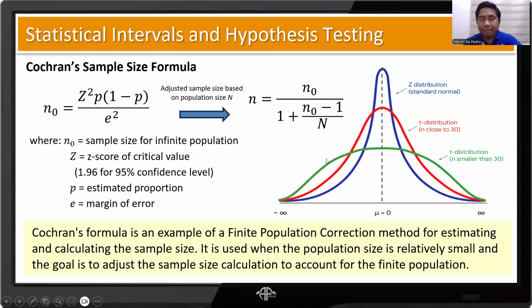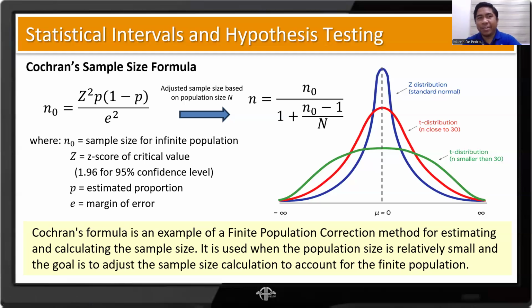But by default, we want to have at least a 30 sample size when we want to use the t-test. So remember, higher sample size z-test, lower sample size t-test. Ideally, not lower than 30. But ideally, we should follow the value that we got from using Cochran's sample size formula.